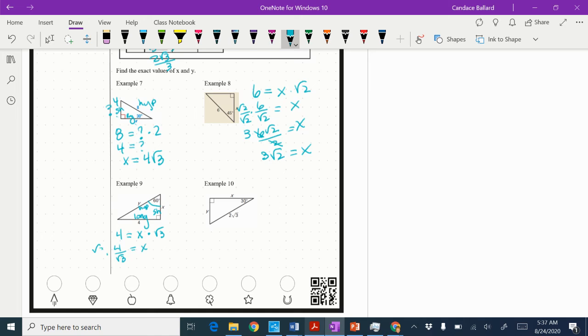And then I'm going to rationalize it to get that radical out of the denominator. So I've got 4 square root of 3 over 3 equals x. To get y, I know y is the hypotenuse. So I've got the hypotenuse equals the short leg, which is now this mess, times 2. So I would multiply the 2 with the 4 because I can't multiply it into the radical. That's against the rules.